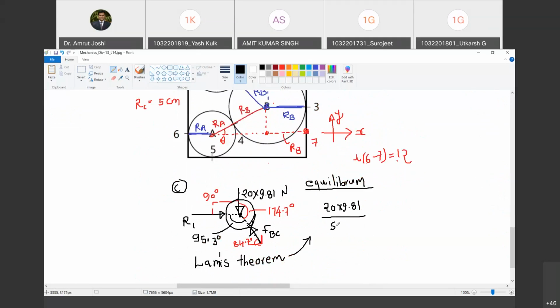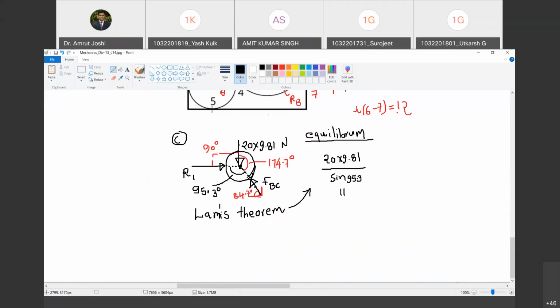So 20 into 9.81 upon sine of 95.3 degrees. Do you agree? Yes. This must be equal to R1 upon sine of 174.7 degrees.